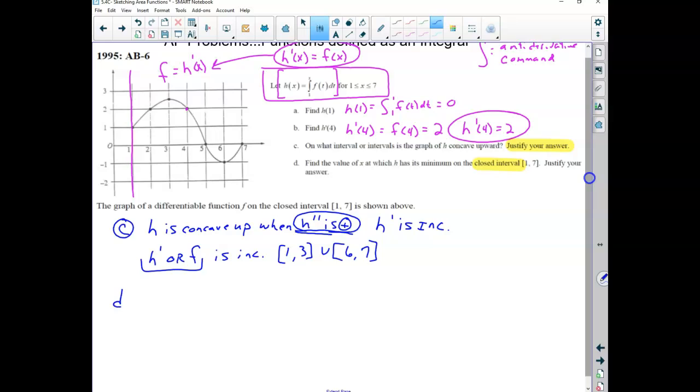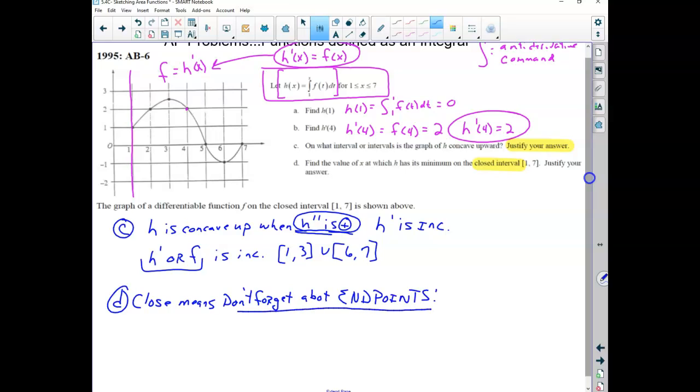Because it's closed, closed means don't forget about endpoints. That's what closed interval means. Not close, closed. Closed means don't forget about endpoints.